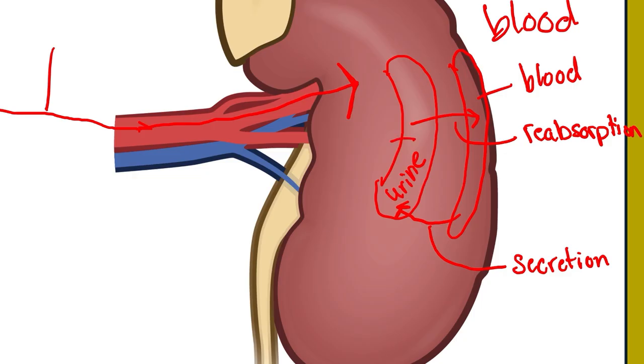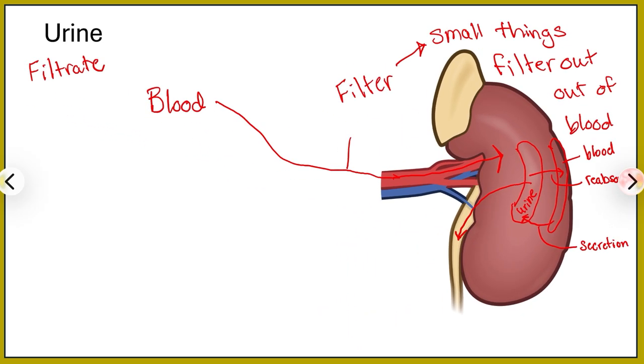Ultimately, then the urine is going to exit the kidney via the ureter to ultimately go to the bladder where it's stored. Now, when we look at urine, we will oftentimes observe the different characteristics of urine via urinalysis.